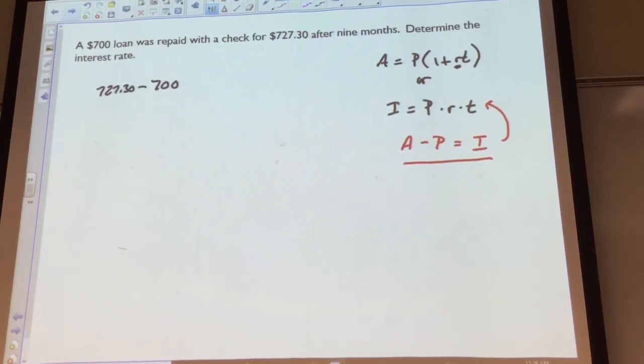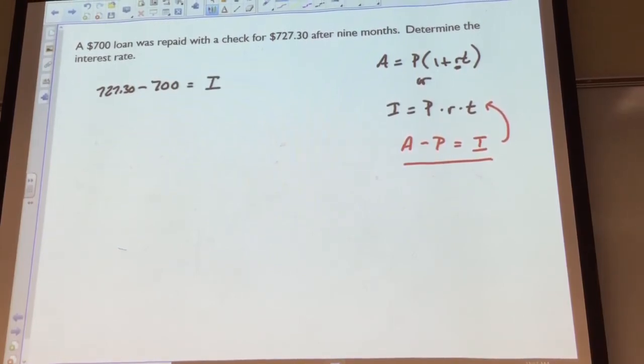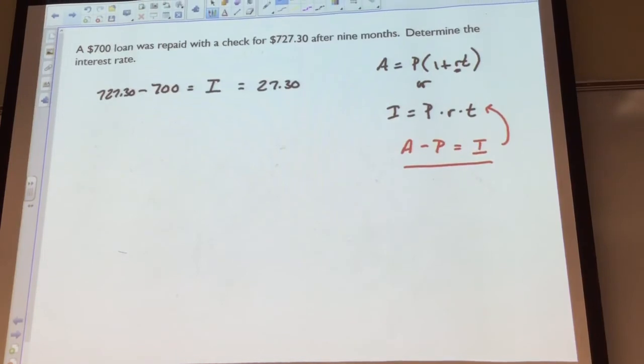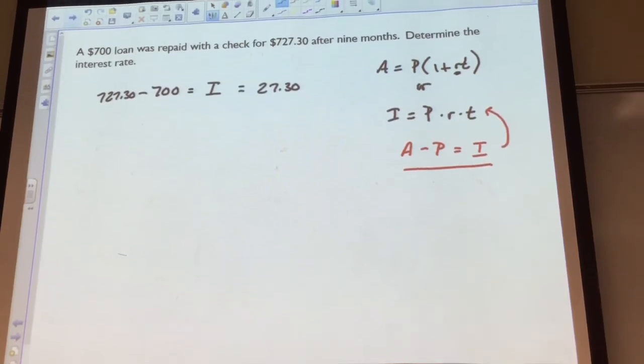So if you want to use the simpler interest formula, wouldn't this be a better starting point? Which means that the amount of interest you paid was $27.30. This, for me, would be an easier approach, but those of you that like challenges could use the other formula.